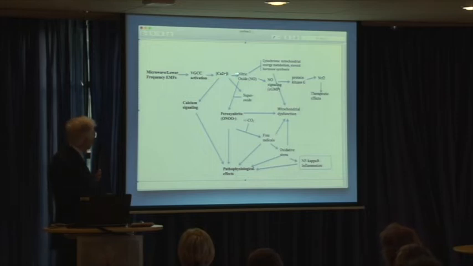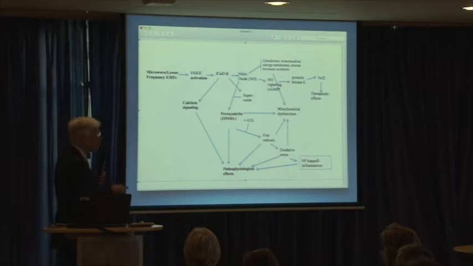There's a second pathway by which intracellular calcium acts. It produces increases in both nitric oxide, NO, and superoxide, and these two react with each other extremely rapidly to form peroxynitrite. Peroxynitrite is a potent oxidant. It's not a free radical, but it breaks down to form highly reactive free radicals. These then go and attack essentially all the components of the cell.